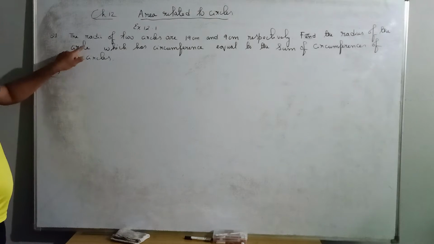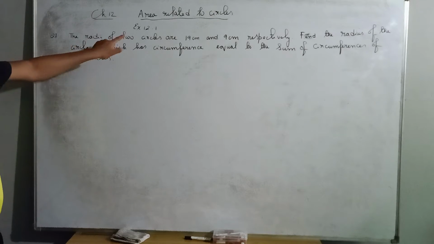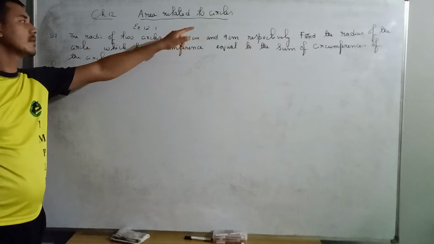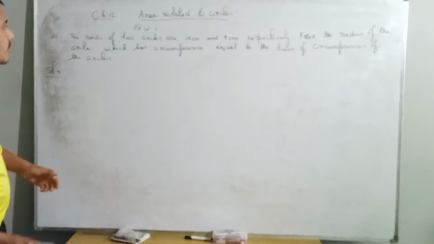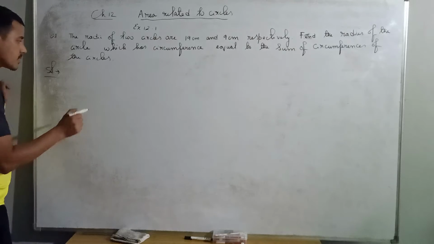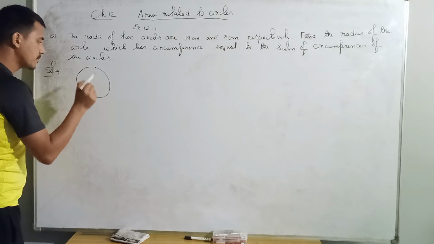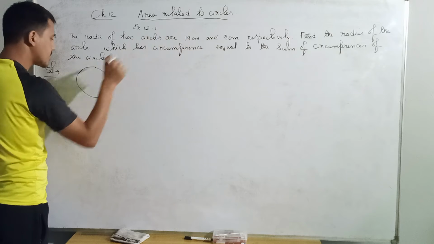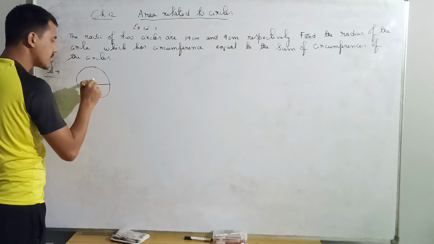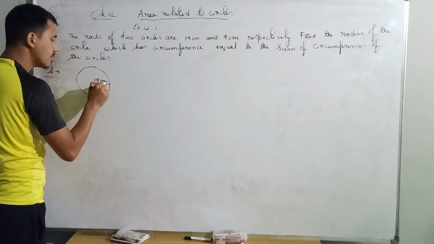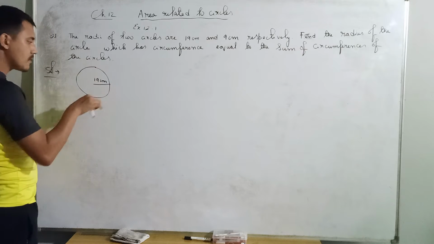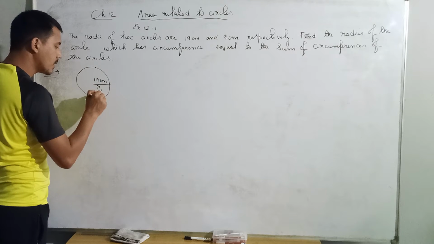So the radii of two circles are 19 centimeter and 9 centimeter respectively. So you have two circles. This is your first circle with radius 19 centimeter. Let me denote the radius of the first circle by R1.